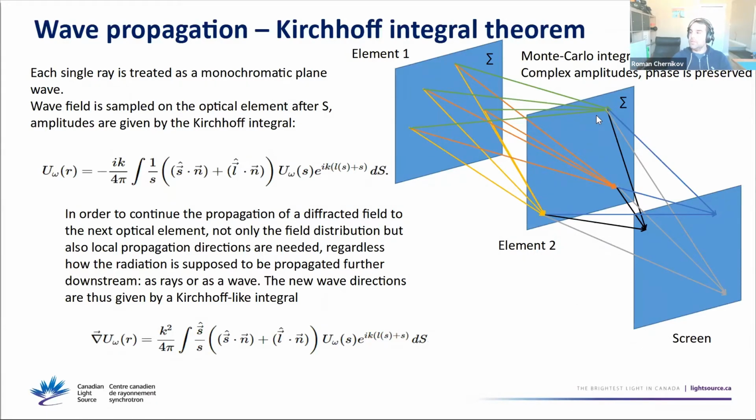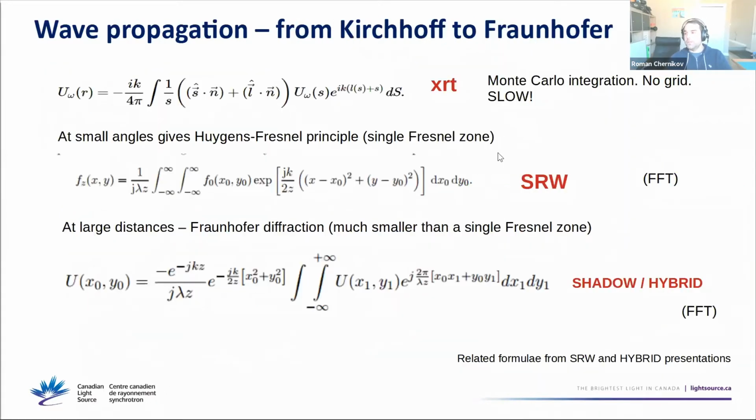And we don't use any grids. That is relatively slow. It's not the most efficient way to calculate anything. Monte Carlo integration is really resource hungry, but at least we can preserve all the information about the directions and about the complex amplitudes.